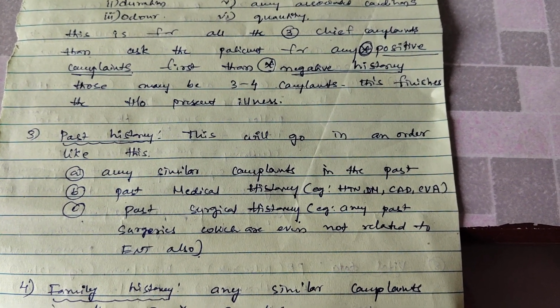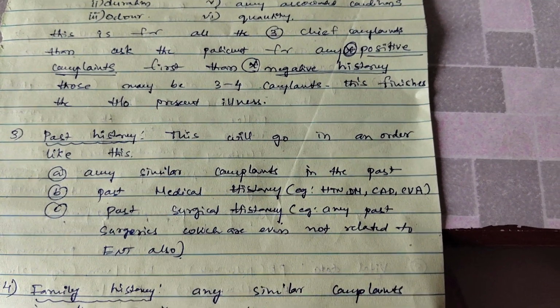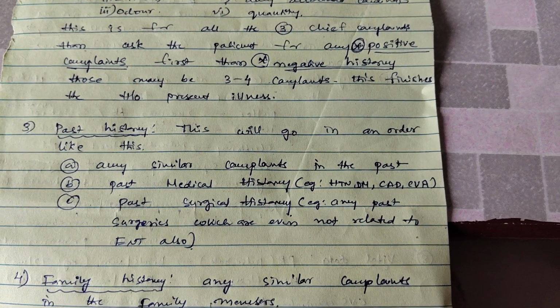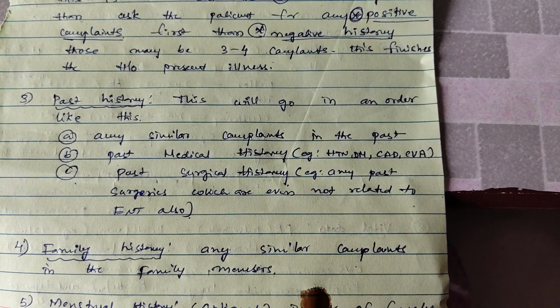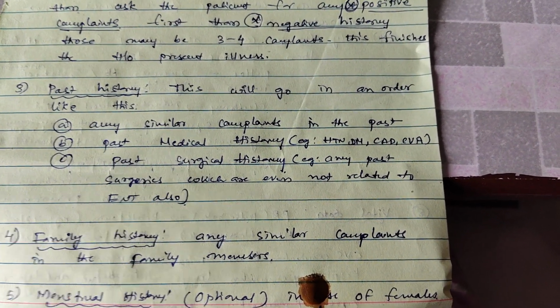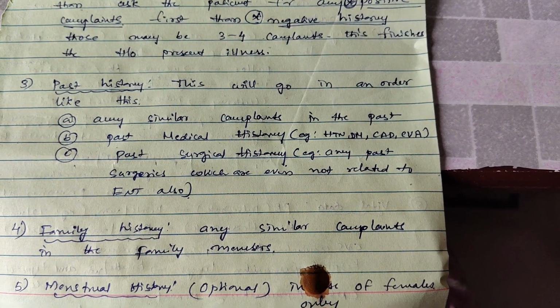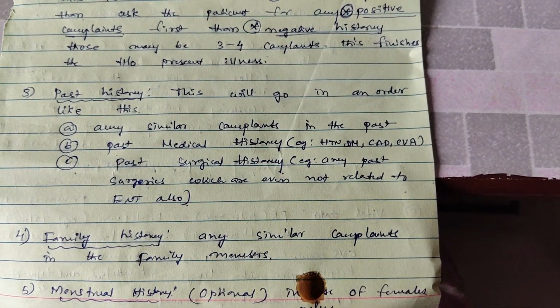Because of overcrowding, ear cases may be more, and this is related to infections. So family history will include any similar complaints in the family members. And then comes menstrual history. This is optional. You may assess for bleeding disorders here, and anemia status, in case of females only.